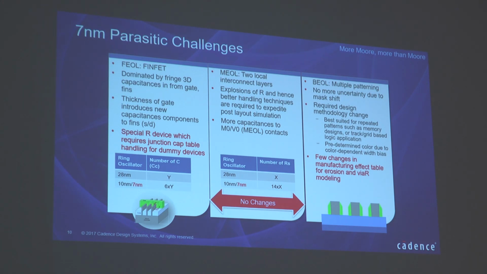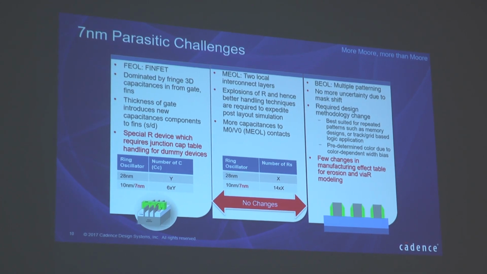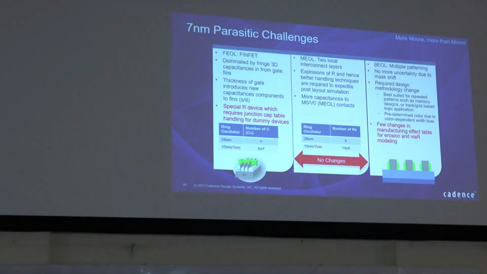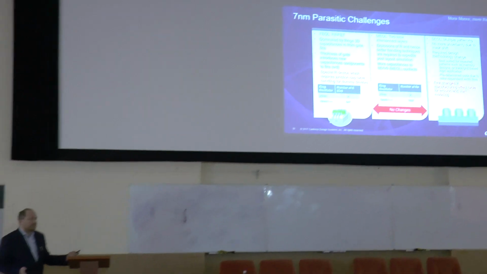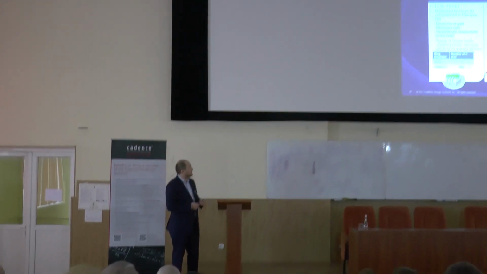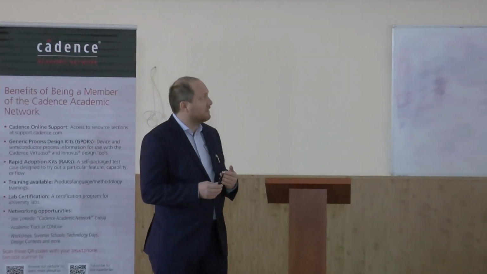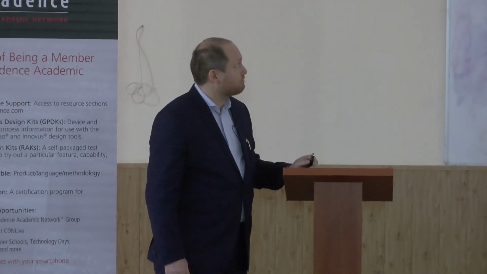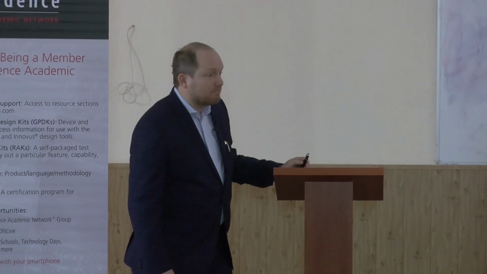So here you have additional layers, which also have additional parasitic resistivity, and here this is a factor of 14. And also for the multiple patterning, there's a new methodology which is called self-aligned double patterning, which needs new design styles.